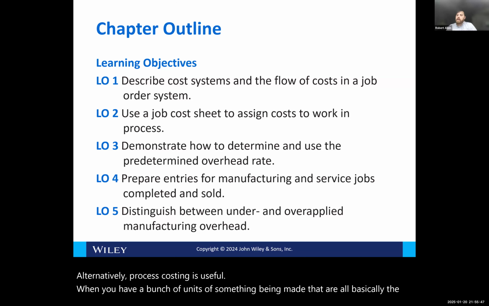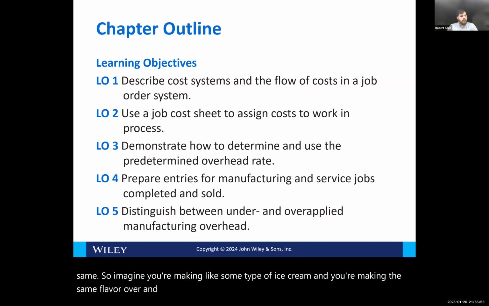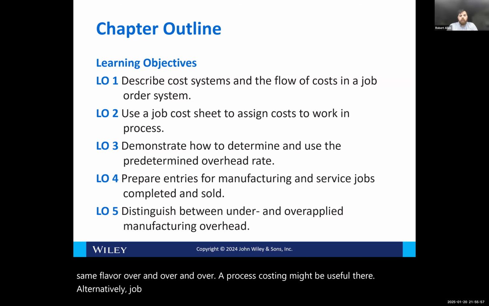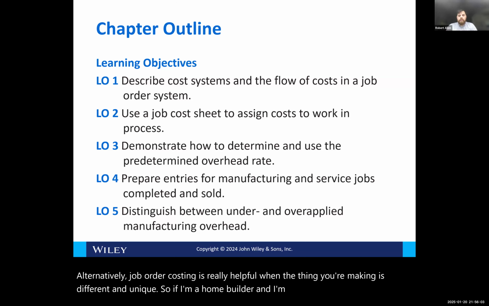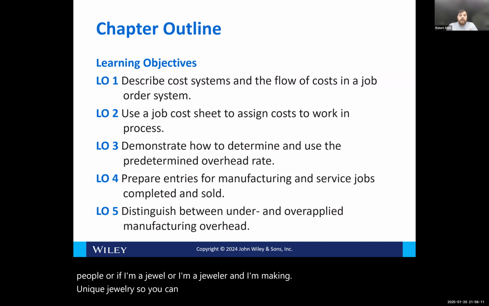Imagine you're making some type of ice cream and you're making the same flavor over and over. Well, process costing might be useful there. Alternatively, job order costing is really helpful when the thing you're making is different and unique. So if I'm a home builder building custom homes for people, or if I'm a jeweler making unique jewelry.